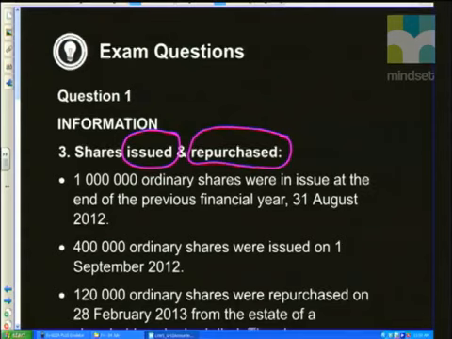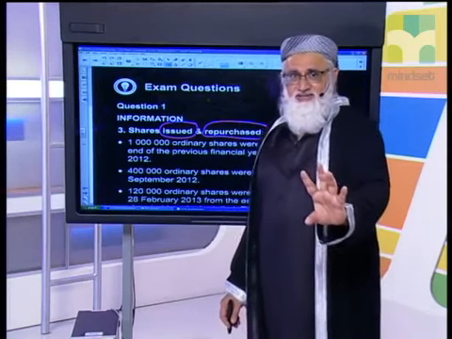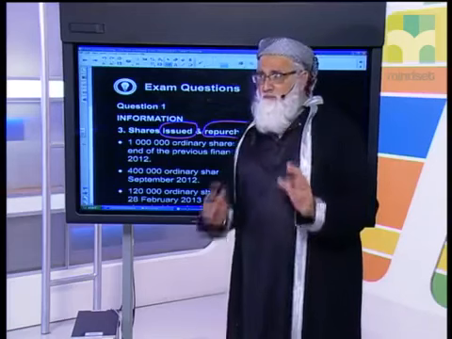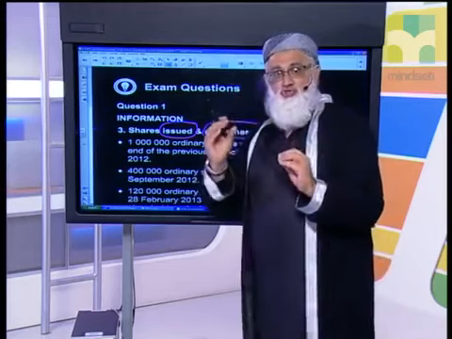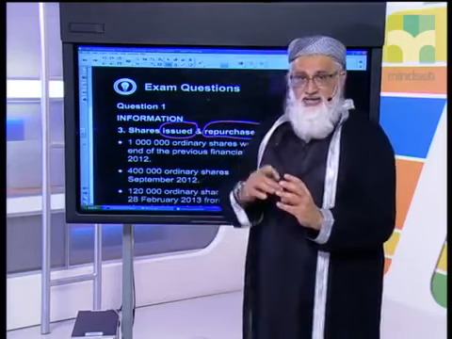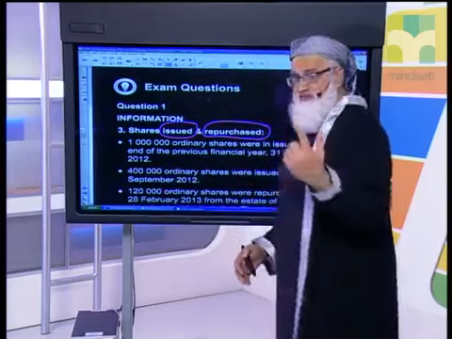So this is critical. Please make sure that I have your mind, your body, and your soul with me. Pay attention. This is important because it shows you how the buyback of shares is applicable with a cash flow question.